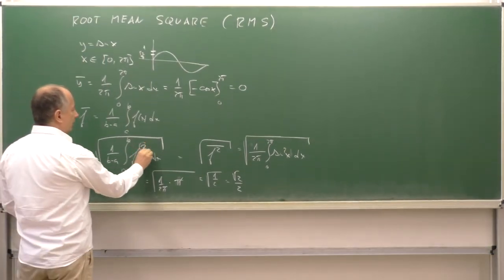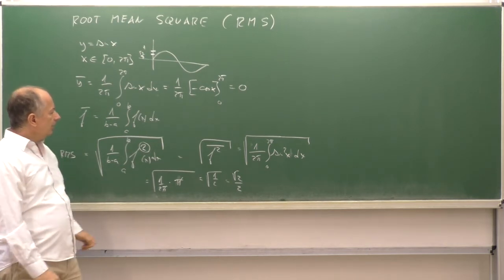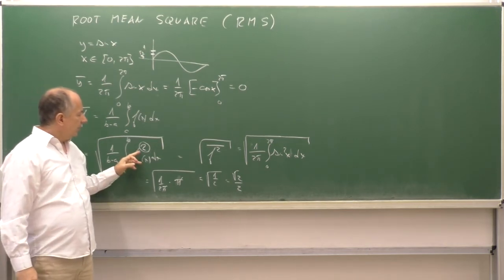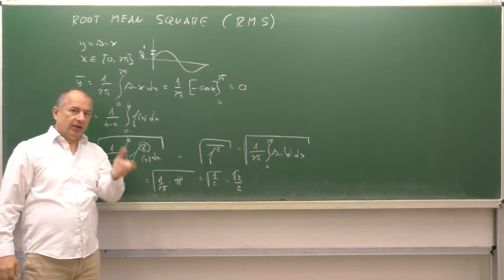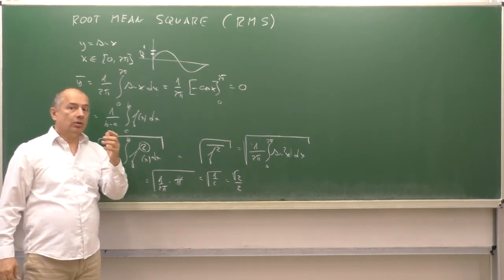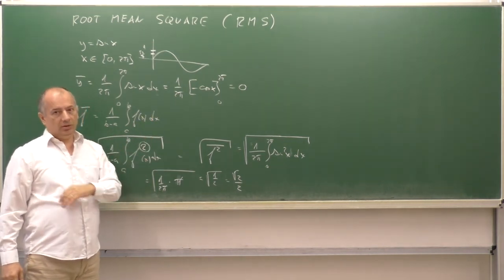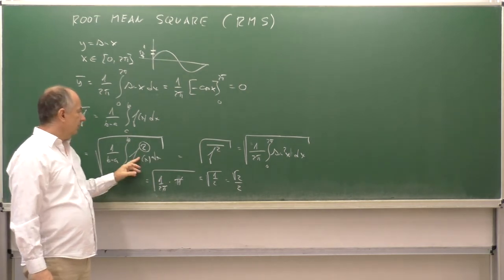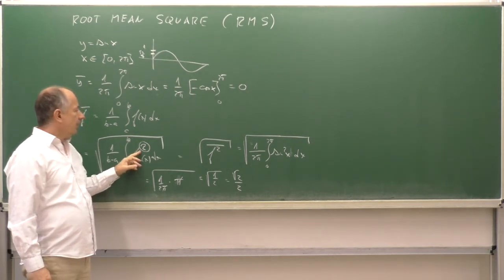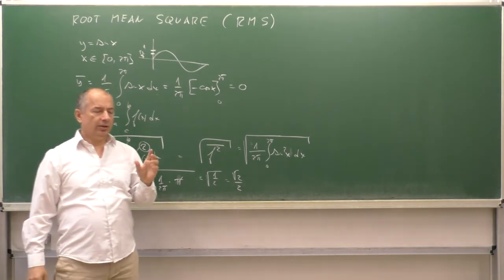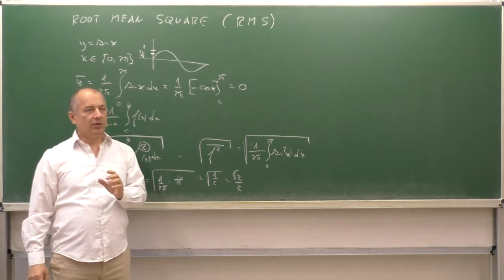Square is quite useful, not just because it lets the positive and negative values contribute instead of decreasing the integral, but square also has quite an important meaning in physics.